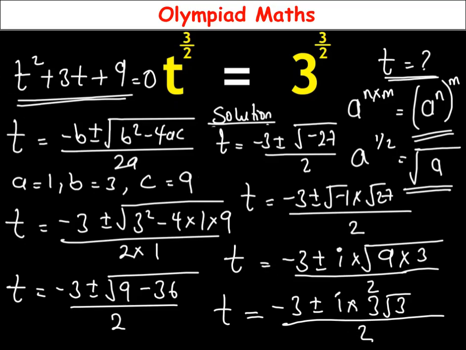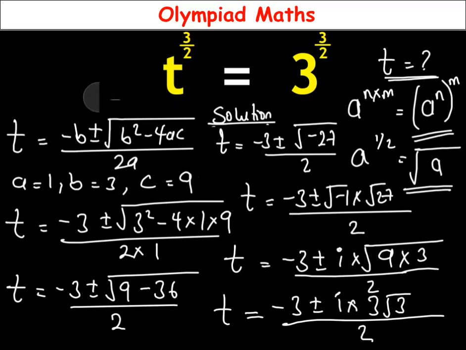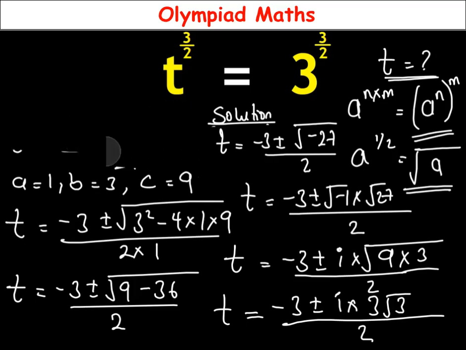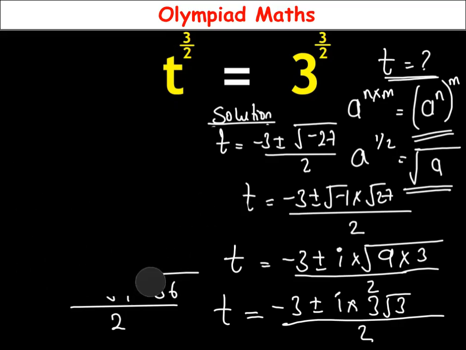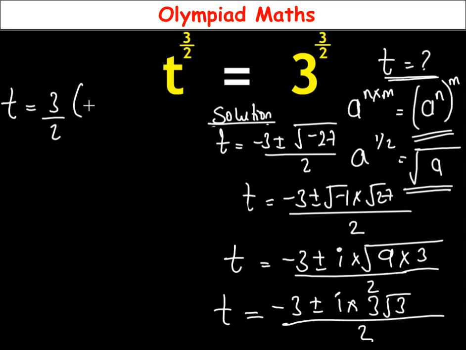From here, let's clean up the side. From here, the value of t can be written as 3 over 2, multiplied by minus 1 plus or minus i root 3.